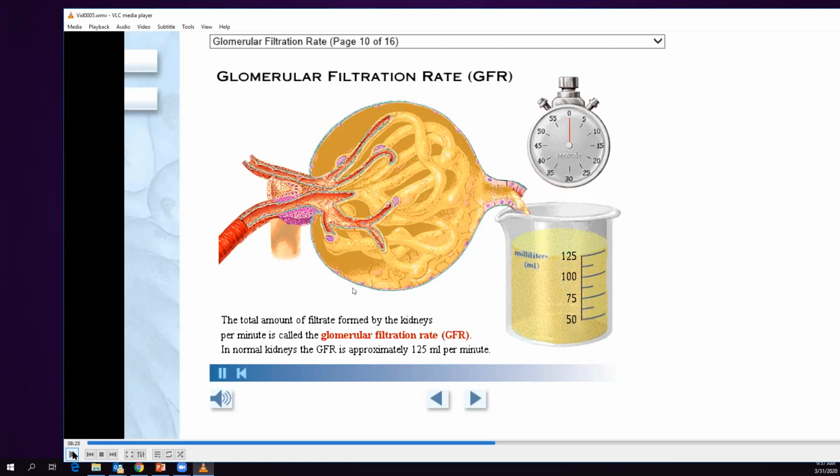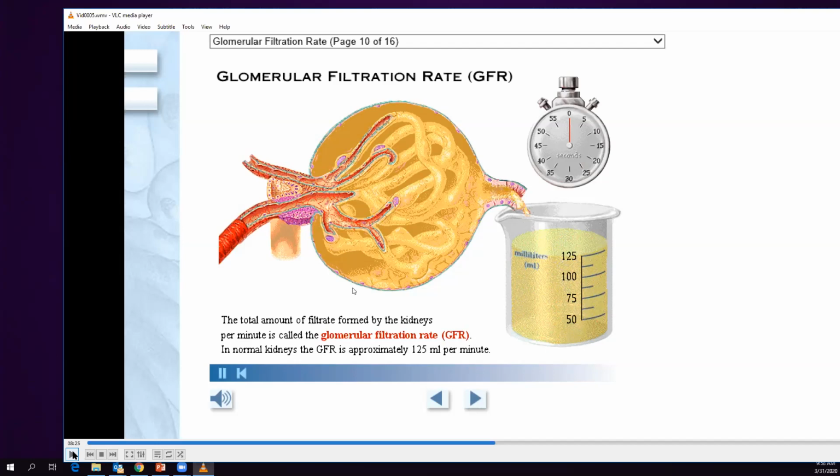Or how much of it is actually water? Of that 5.25, how much is water or plasma? Yes, 55%. So just over what? How many liters? We're going to go ahead and go with 3, because 3 is a good number to look at.